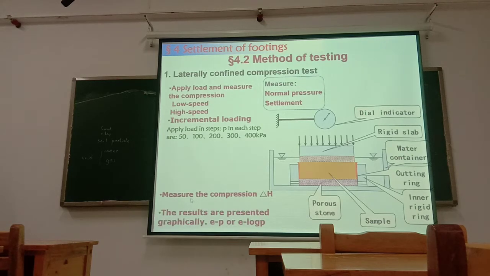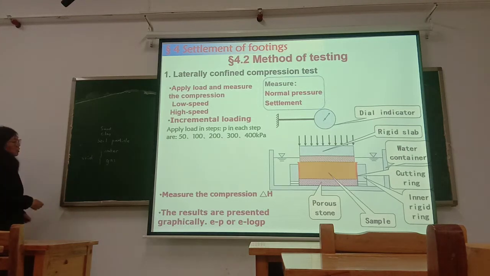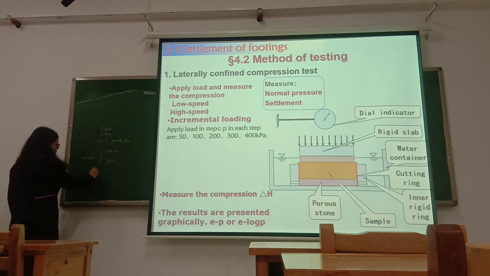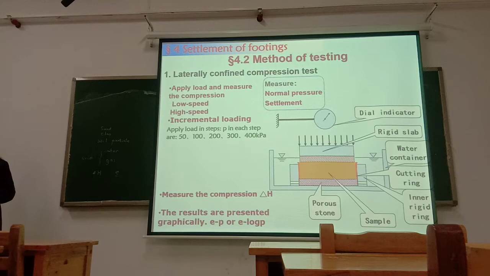When we measure the compression data, the data is due to the void ratio decrease. So that will give a relationship between the data and the void ratio. Okay, what's the relationship between the compression and the void ratio?